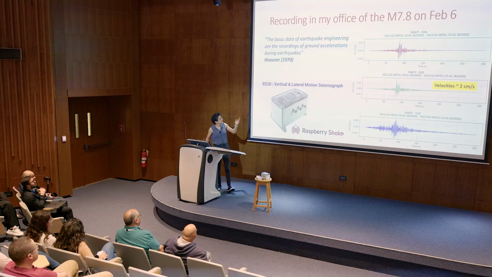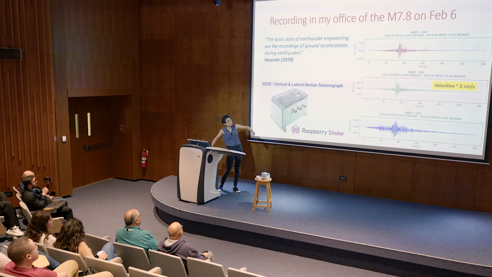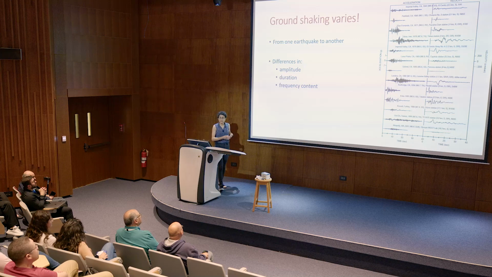And this is what the instrument in my office recorded on February 6th. You see the velocities in the three components, and they reached amplitudes of about 2 centimeters per second here on the 5th floor. Actually, the ground shaking varies significantly from one earthquake to another, and from one location to the other.